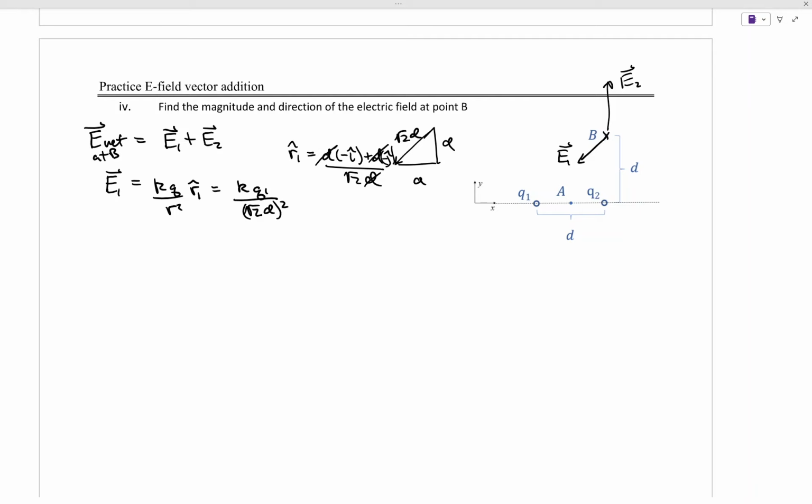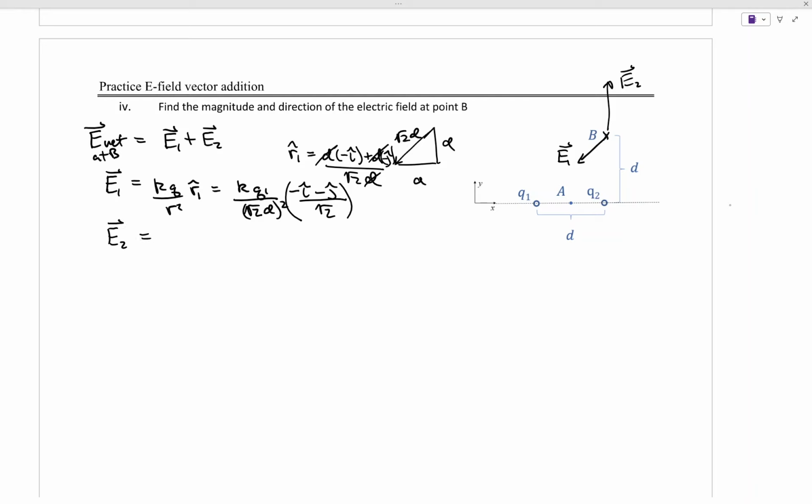And notice then that this unit vector would be negative I hat minus J hat over root 2. Unit vectors themselves have lengths of 1, so this is the square root of 1 squared plus 1 squared over root 2, which has a magnitude of 1. So this is the unit vector R1 hat. Okay, so this is E1.